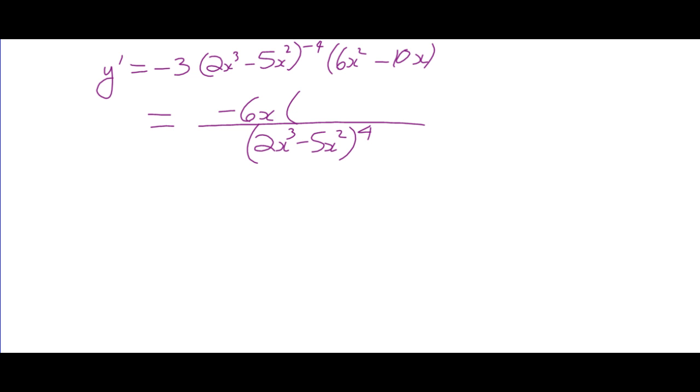Well, we pulled a 2x out, so we've got 3x minus 5. Okay? Now we're not done yet, because there's a common factor between 2x cubed and 5x squared, which is what? X squared. So we can pull that out.